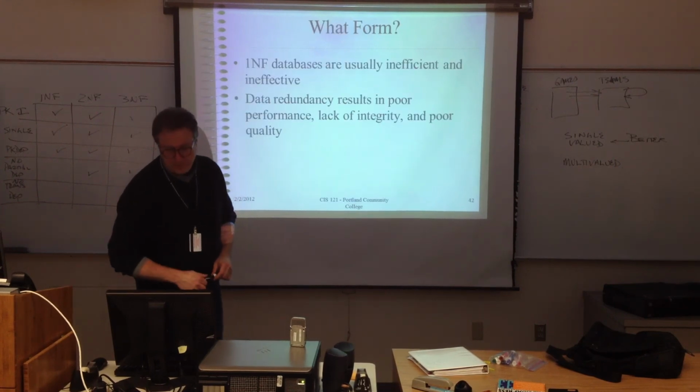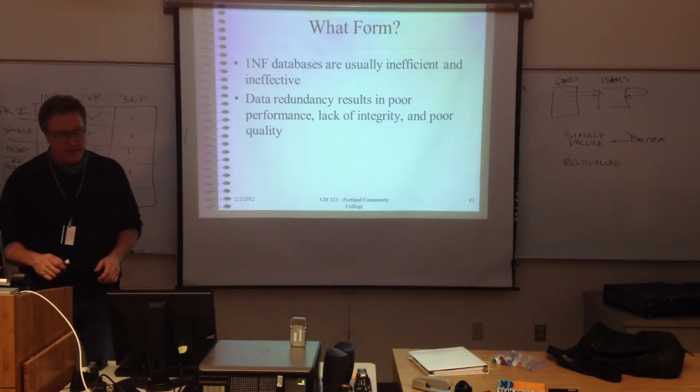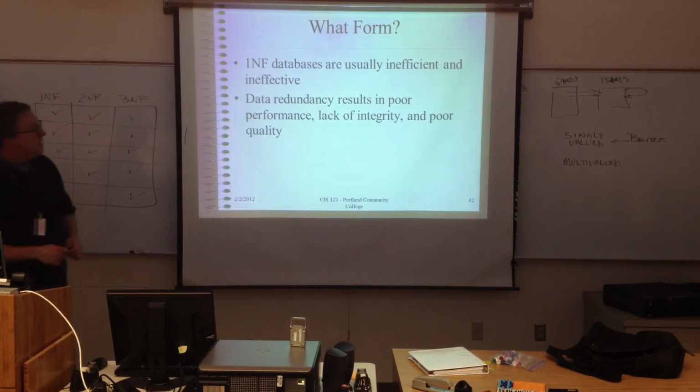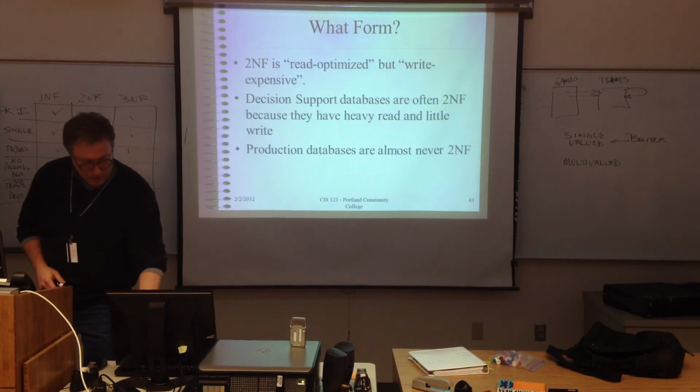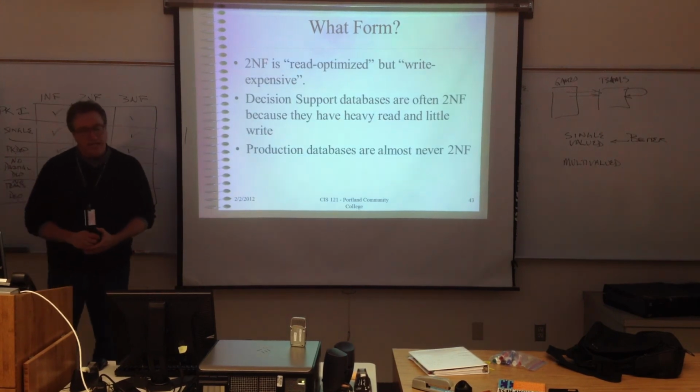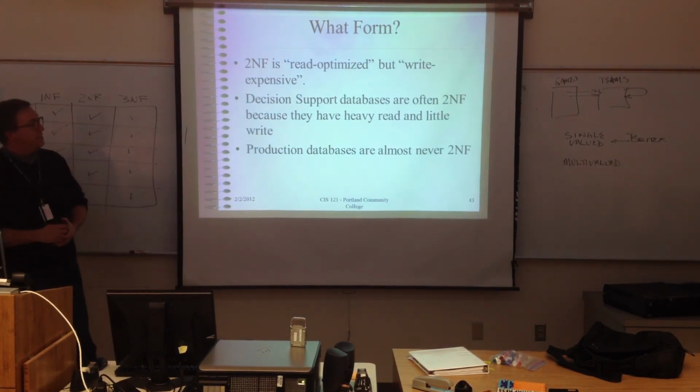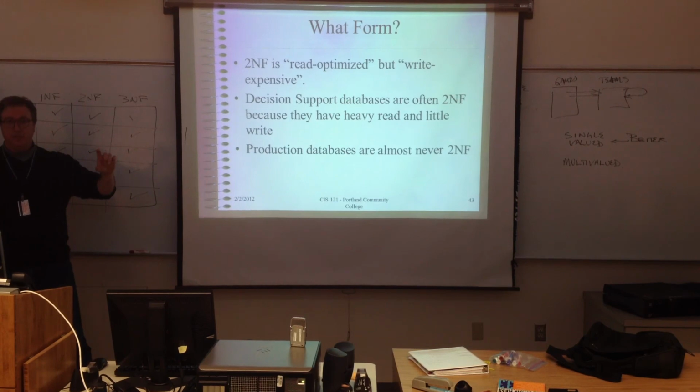Okay. So we've already seen that we don't like first normal form databases because they're sloppy and dirty and nobody invites them to parties. We kind of like second normal form databases because they've got more data in each row than they need to, which makes it efficient to pull a lot of data out of them quickly.